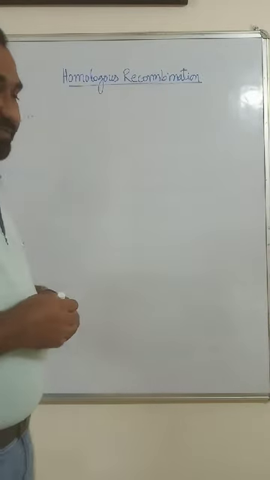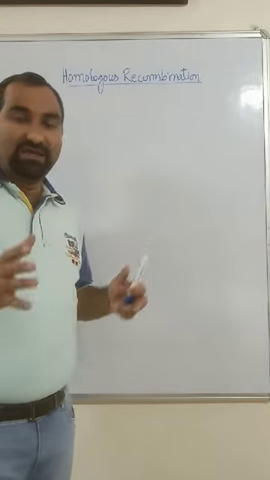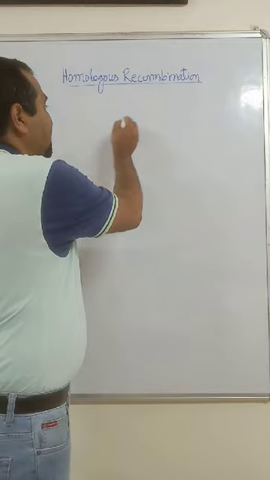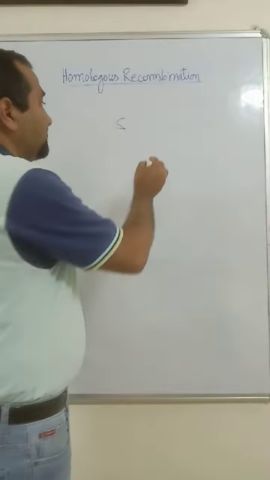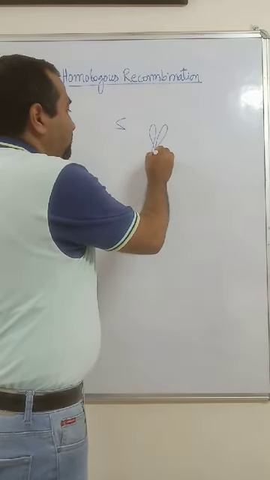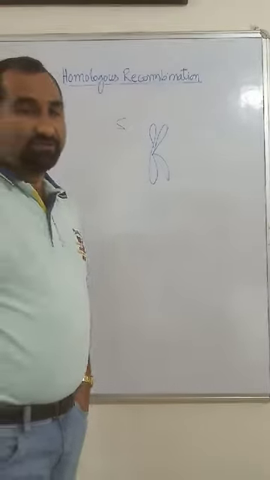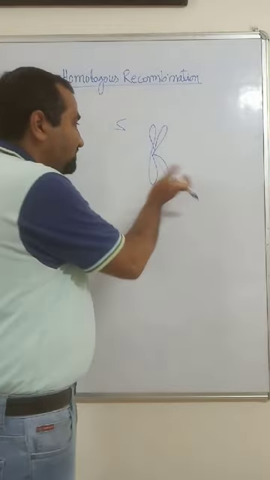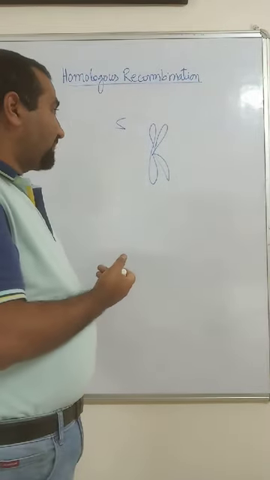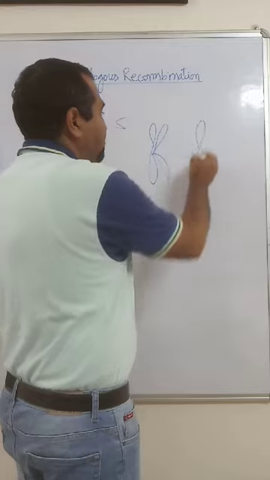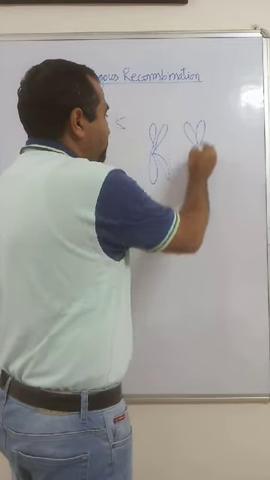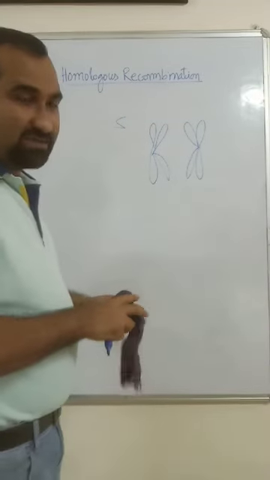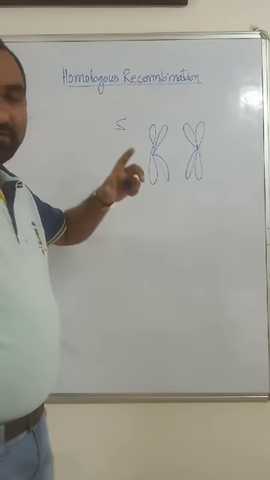Initially it was believed that when DNA duplication takes place, that is in the S phase of the cell cycle, we know that each chromosome duplicates itself. It forms its identical copy, that is duplication of DNA. And if this is the second chromosome of a homologous pair, it was believed that at S phase the recombination takes place.